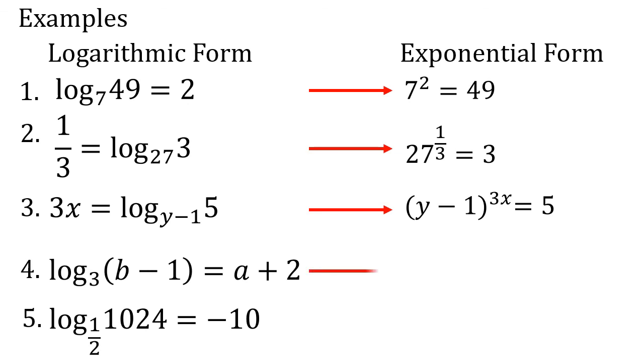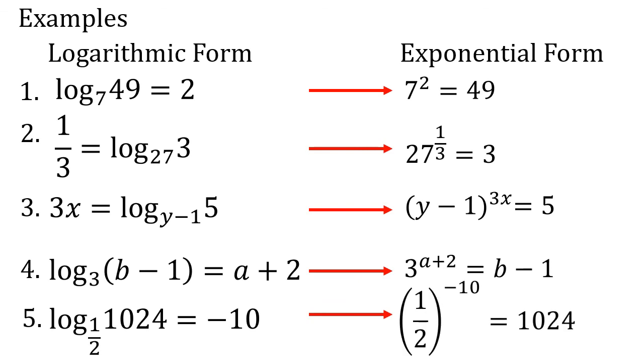So this can be expressed as 3 raised to a plus 2 equals b minus 1. And then number 5, log 1024 base 1/2 equals negative 10. So 1/2 raised to negative 10 equals 1024.